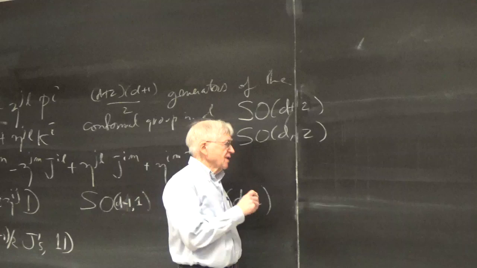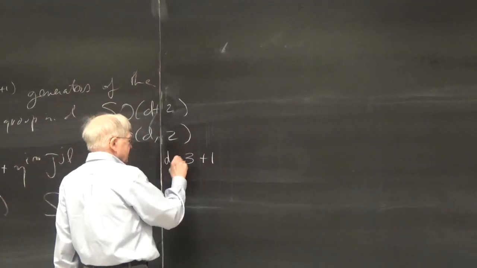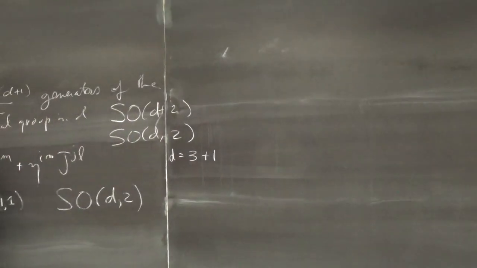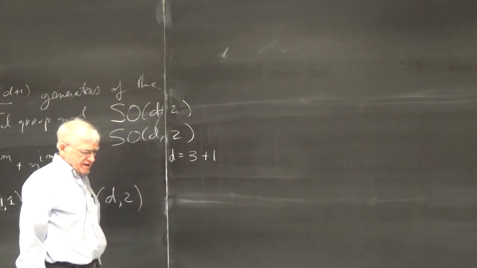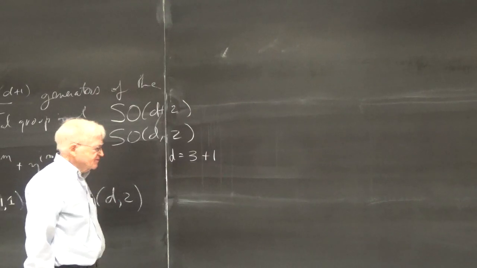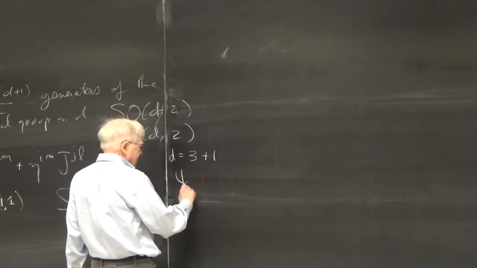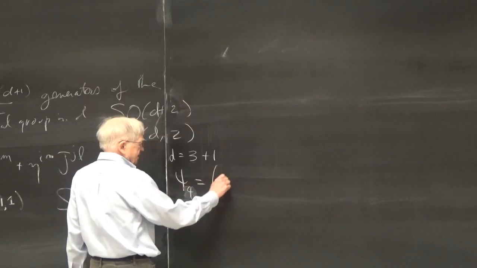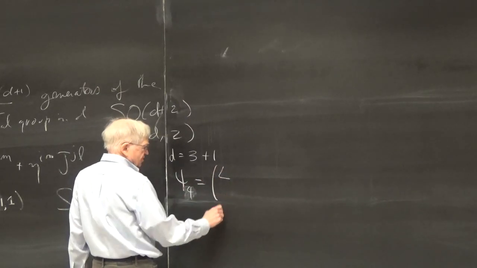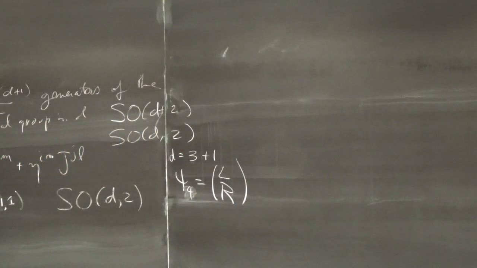In ordinary 3 plus 1 dimensions, which is apparently where we are, the basic spinor is a Dirac 4-spinor, or it could be Majorana. Anyway, it's a 4-spinor, which is a 2-dimensional left-handed spinor on top of a 2-dimensional right-handed spinor.